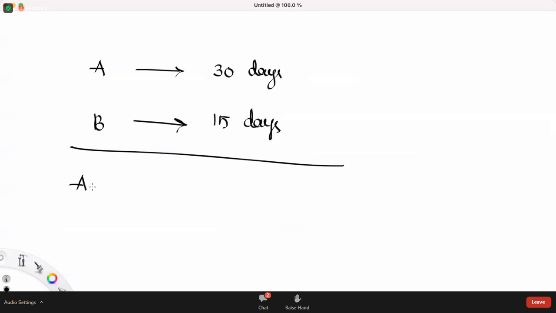Now the question is, if A and B are working together, how many days of time are required to complete the work? Simple question. I'm looking for your response.